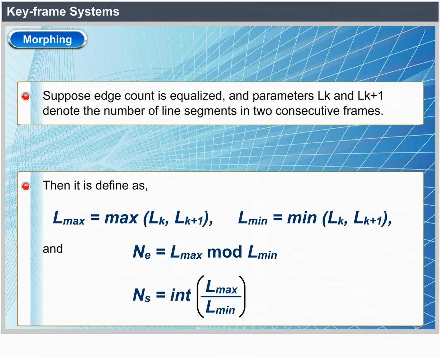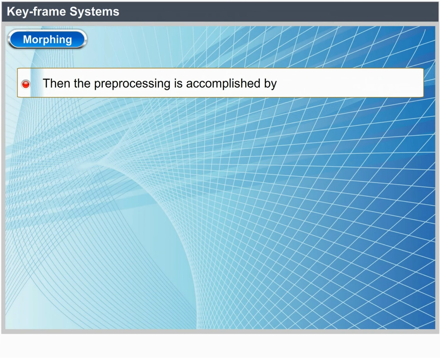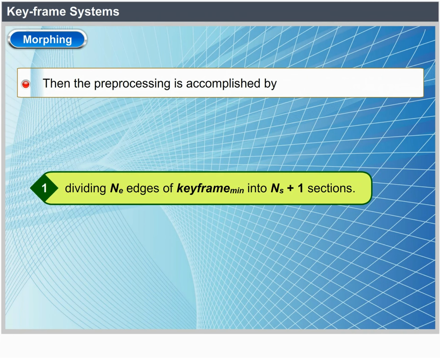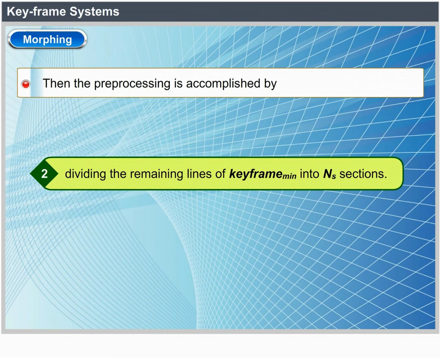We then define Lmax equals max of LK, LK plus 1, Lmin equals min of LK and LK plus 1, and NE and NS as follows. Then the pre-processing is accomplished by 1. Dividing NE edges of keyframe min into NS plus 1 sections. 2. Dividing the remaining lines of keyframe min into NS sections.